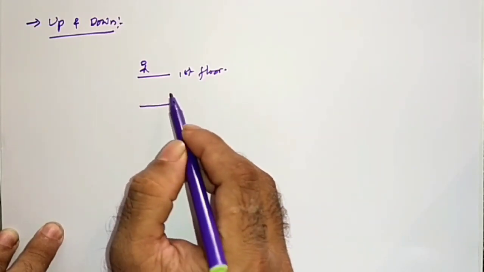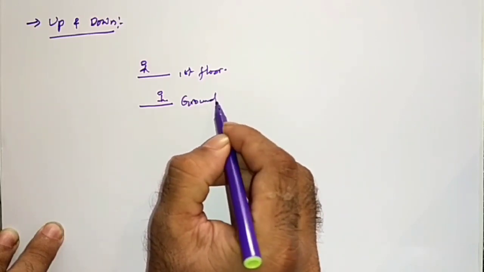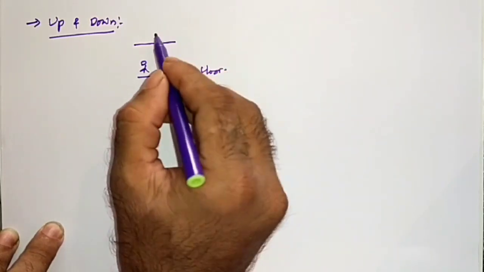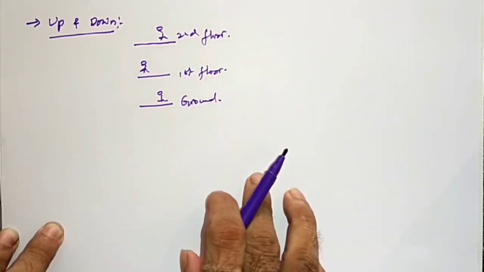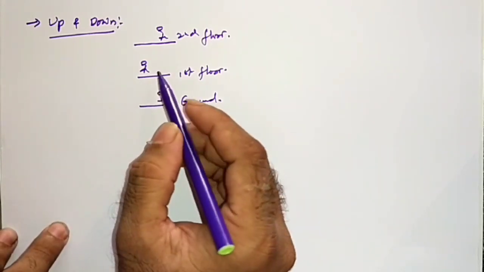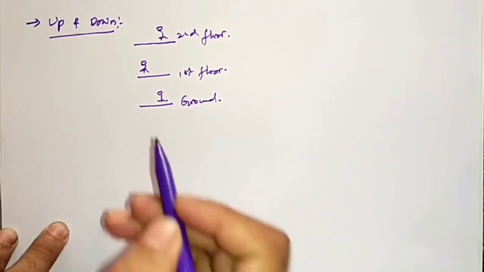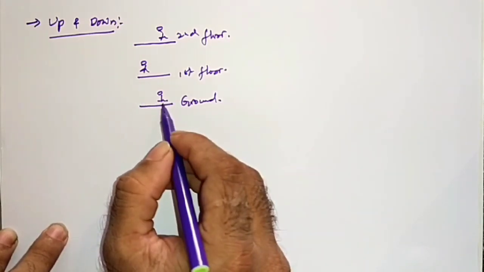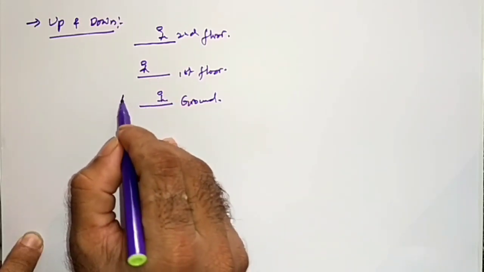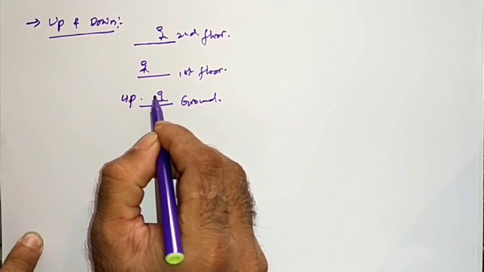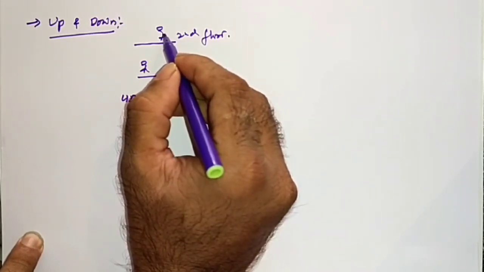Your brother or sister is on the ground floor, and your father is on the second floor. Clear? Now tell me, what is your position with respect to the ground floor person? Up or down? Up. Okay, for this person you are up. What about for the other person? You are up or down?